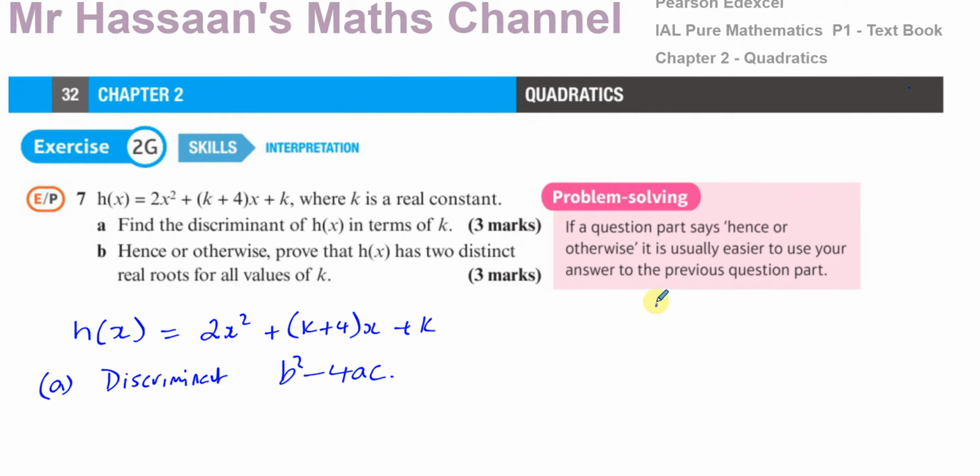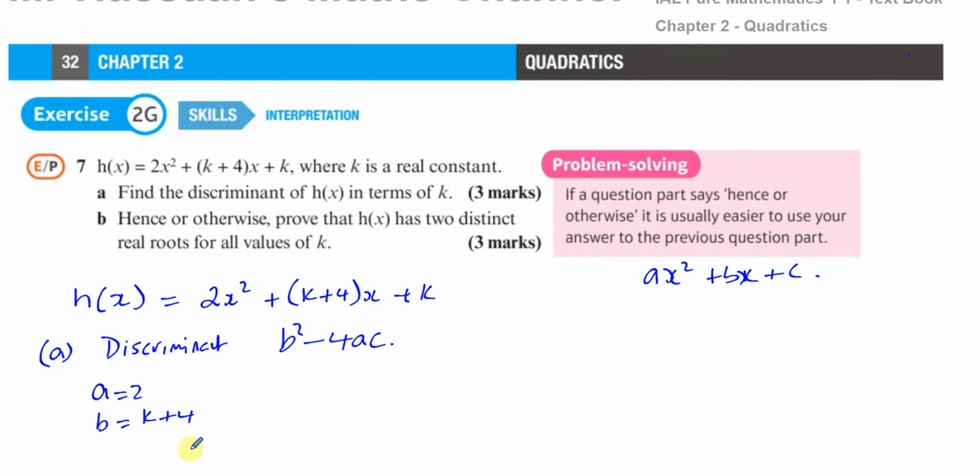A quadratic equation is of the form ax squared plus bx plus c, where a is the coefficient of x squared, b is the coefficient of x, and c is a constant. So here the coefficient of x squared is 2, the coefficient of x is k plus 4, and the constant is k. c is equal to k.